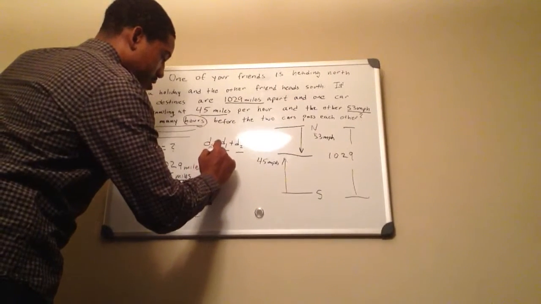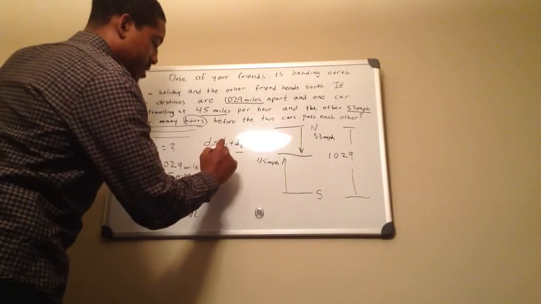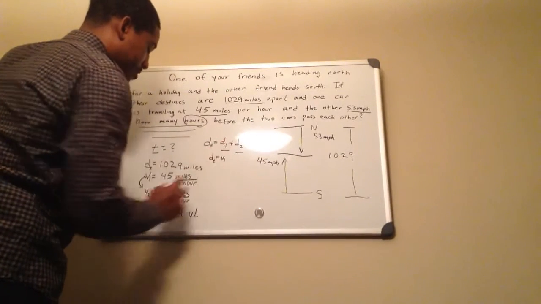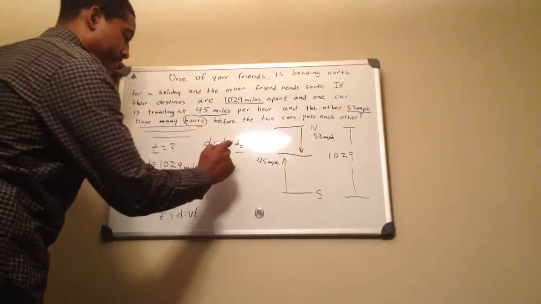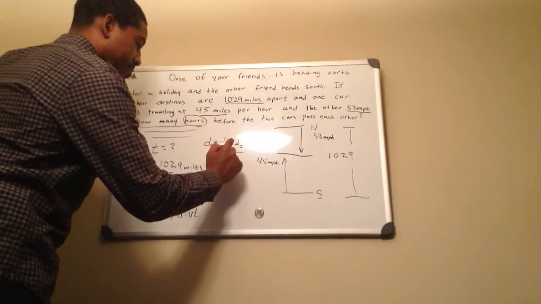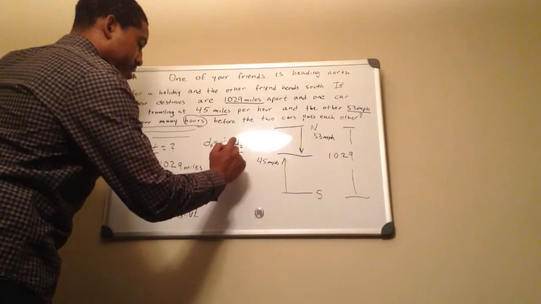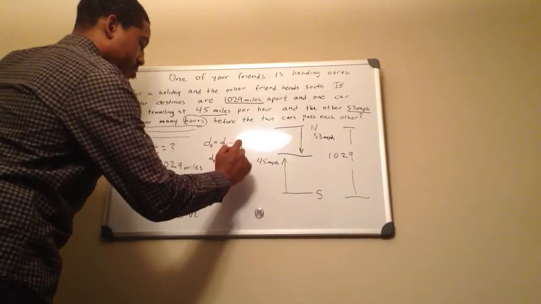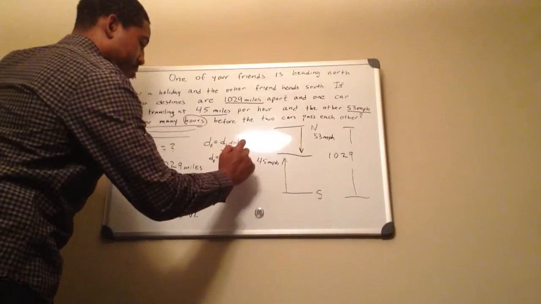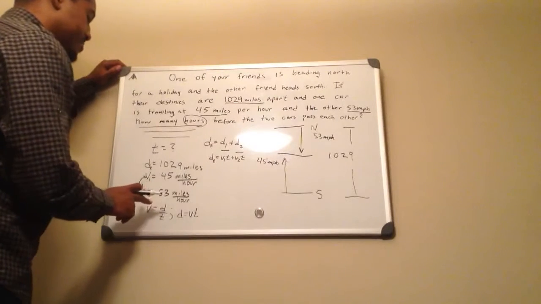So now you do a plug and chug, where you say, we'll take it one step further actually. We'll say D1 is equal to V1, the velocity of friend 1, times time, plus V2 times time, the velocity of friend 2.